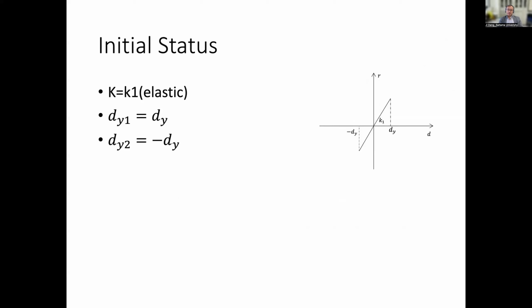So in the beginning, between dy and minus dy, whenever the structure is loaded, the stiffness is always K1. We call this status 1, or elastic status. No worry about anything here. We define the right side as dy1 and the left side as dy2, where dy1 equals dy and dy2 equals minus dy.